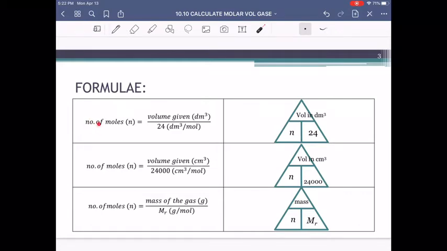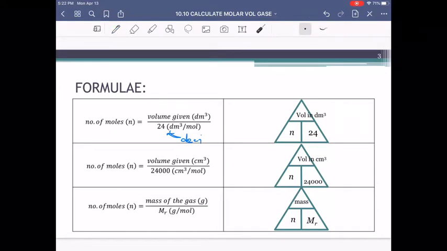So number of moles n is equal to volume given from the question. If it's given in dm cube, you have to use 24 dm cube per mole, which is only for 1 mole, that's why it's per mole. For your extra information, the d means deci, for those who are curious.